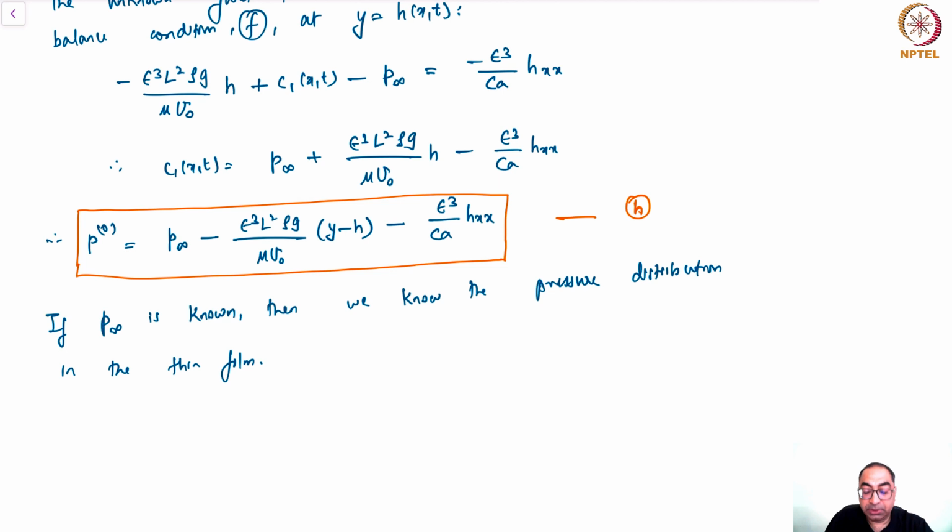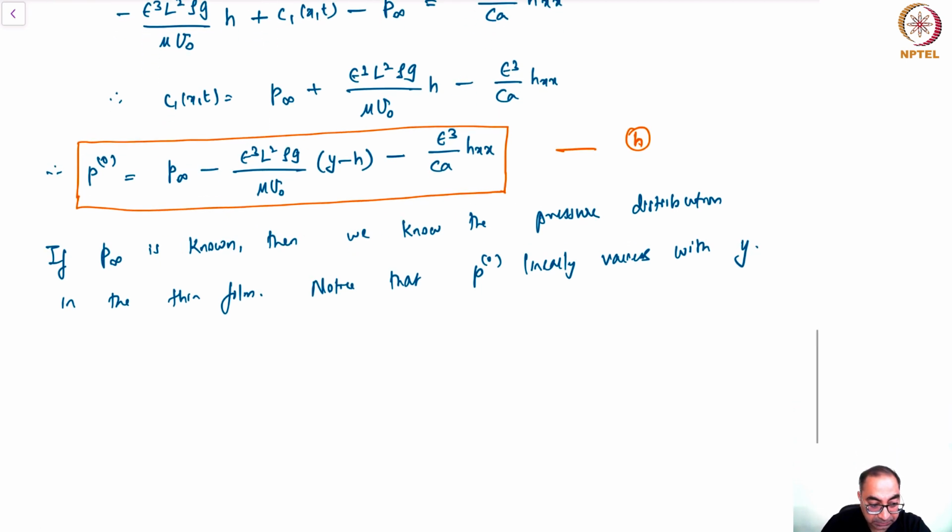Also notice that P0 linearly varies with the height variable y.